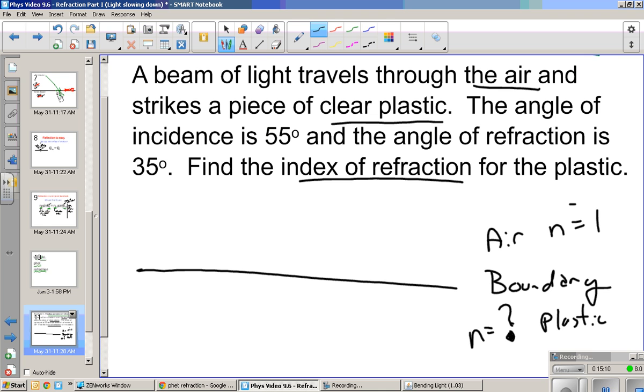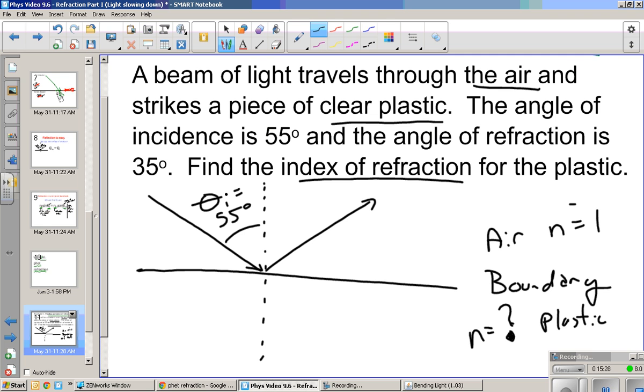All right, so the beam of light is going to come through and hit the boundary. You can right away put in your normal line. The problem tells us that the angle of incidence is 55 degrees. So here's my angle of incidence, 55 degrees. Right away, I know there's going to be a reflected beam. So this is incident, this is reflected.